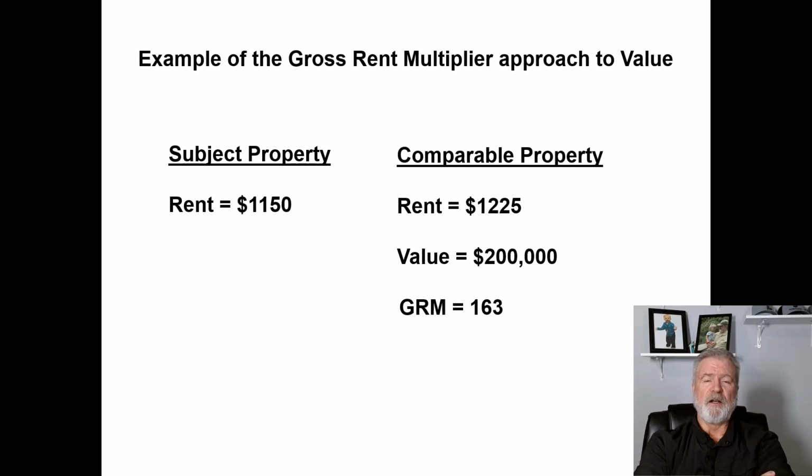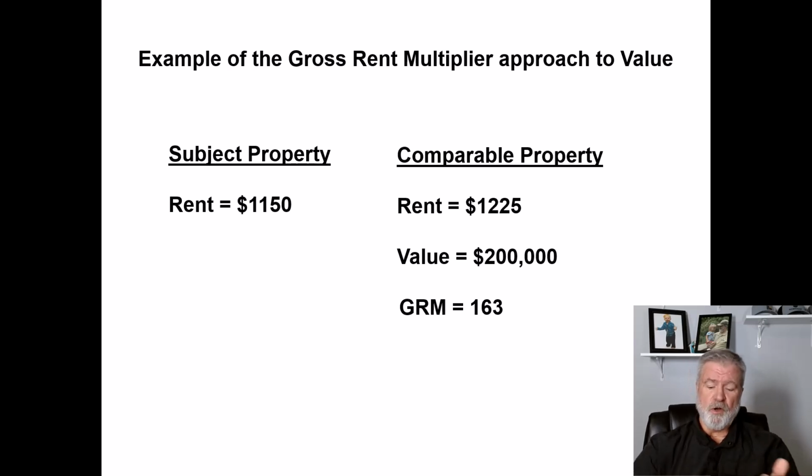If you were getting a question like this on the test, pay attention to what it tells you to do in the question. It may tell you to round it to the nearest whole number, or to 1 decimal place or 2 decimal places. Obviously you do whatever they instruct you to do. But in this case, we're just going to round it to the nearest whole number. So our gross rent multiplier would be 163.